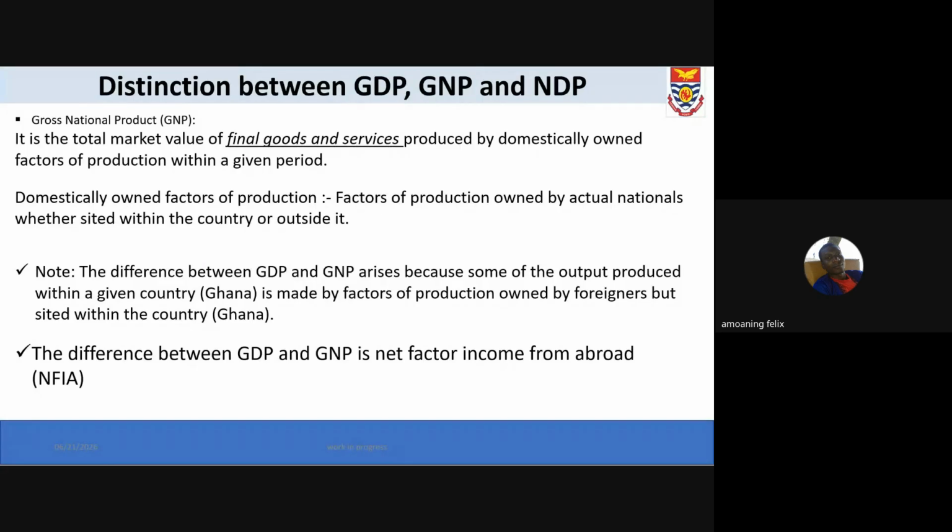But when we are more interested in what nationals are doing, that's what we term as the gross national income. The domestic income will give you the productivity that is going on in the domestic economy. But this time we are saying, why don't we look at only what Ghanaians are doing? Then that one will give us a clue about gross national product.